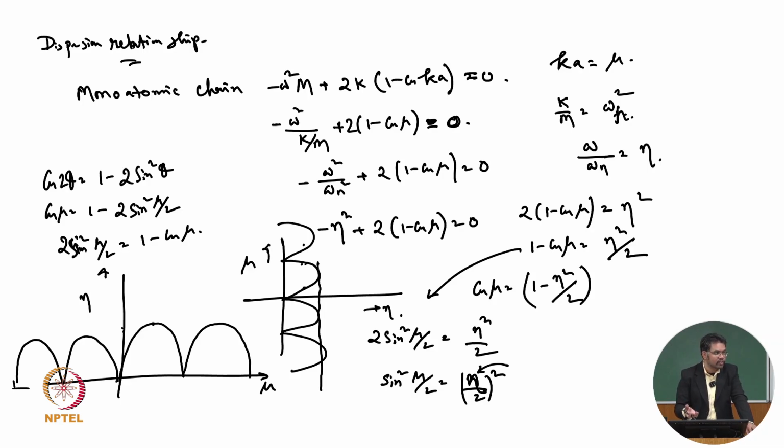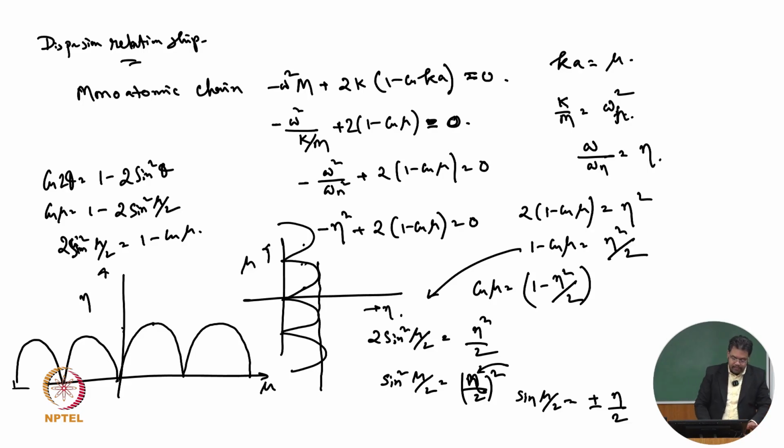So mu equals plus minus eta by 2, and eta is not negative. So this way the curve will come, and we will get it on the negative side also.